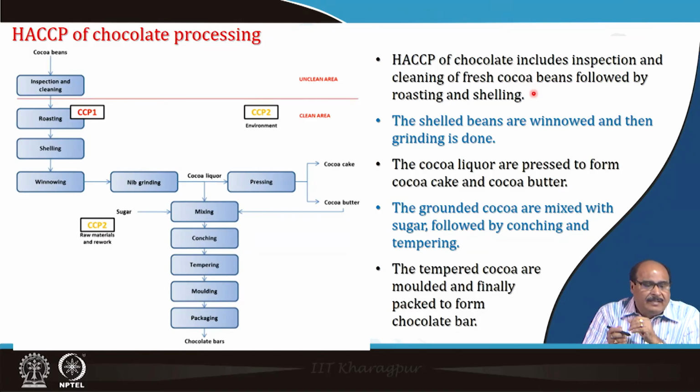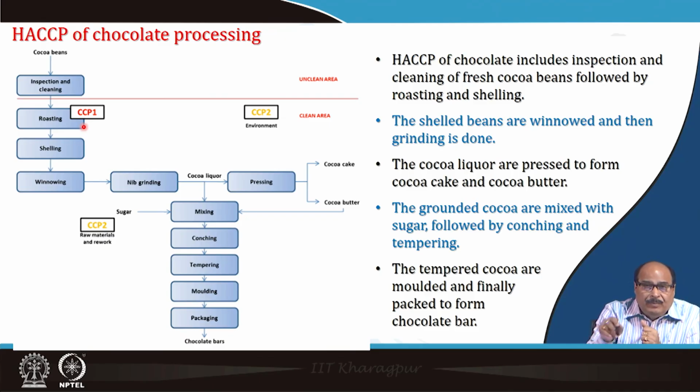Okay. In the earlier class we discussed the different methods of chocolate manufacture, starting from the cocoa beans until making the bar. In this, particularly the roasting becomes a CCP, because it facilitates the production of the flavor of the bean, and it also destroys contaminating microorganisms, etc. So that is CCP1.